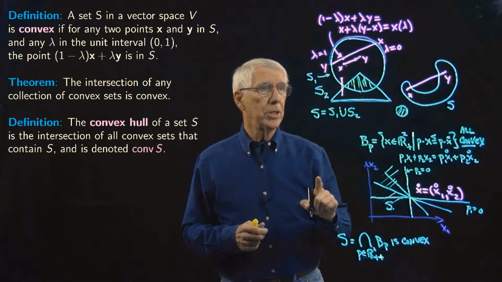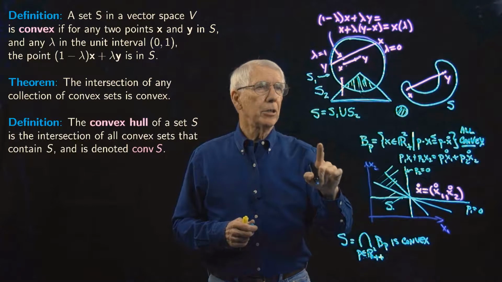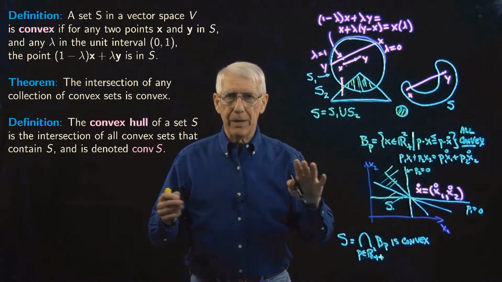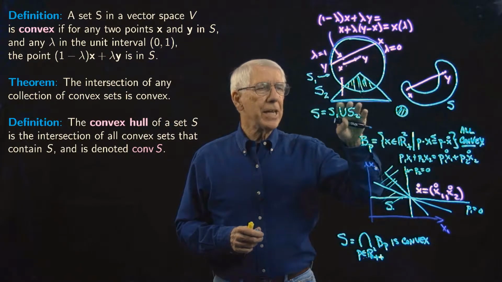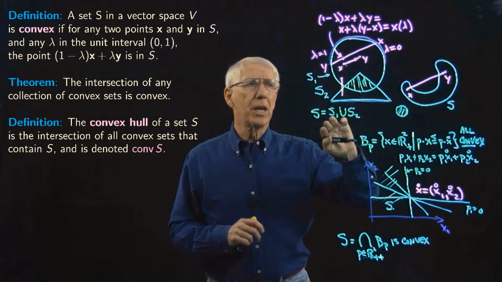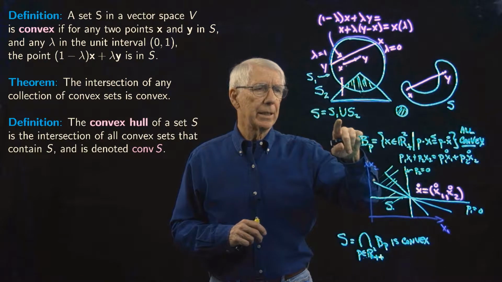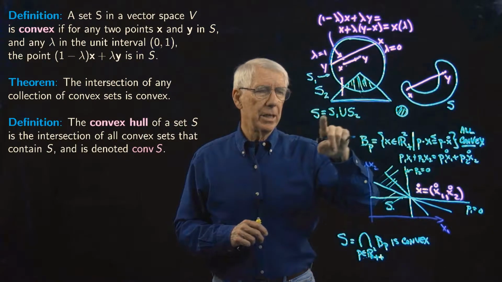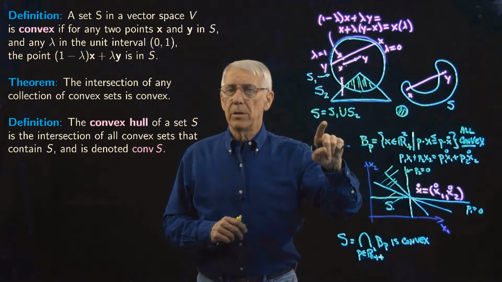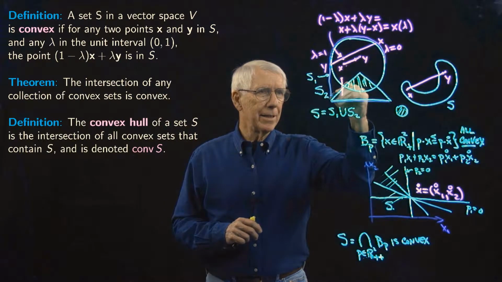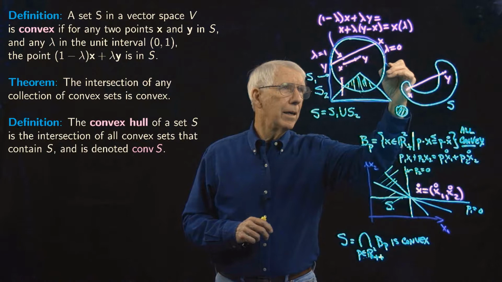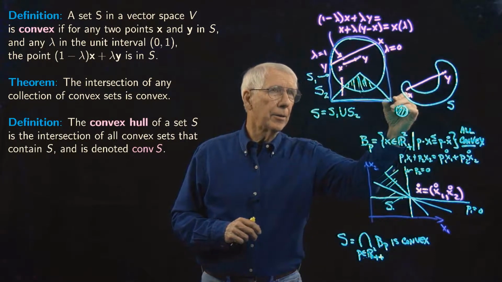So what I'm going to do is look for a convex set. In fact, if I can find it, the smallest convex set that contains S as a subset, right? So let's look at this set here.